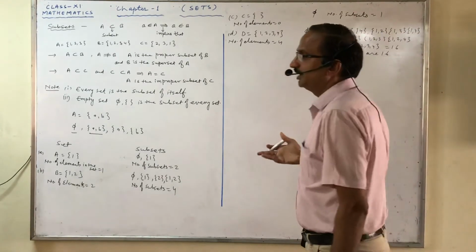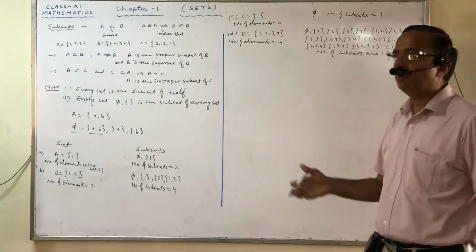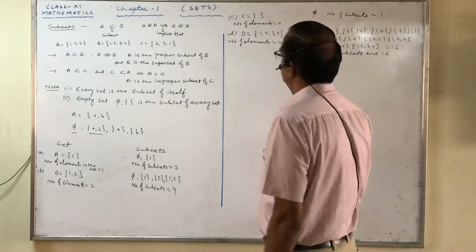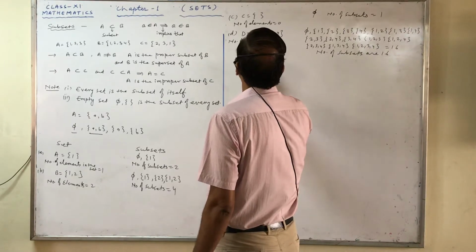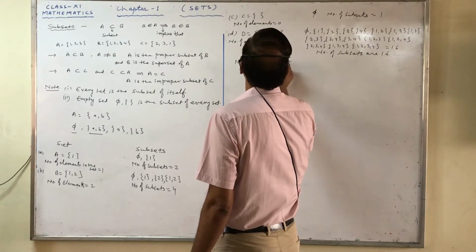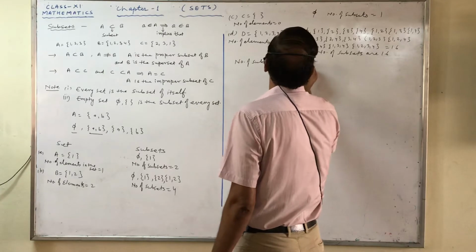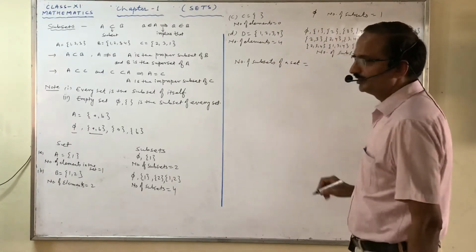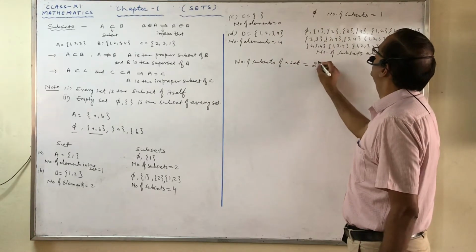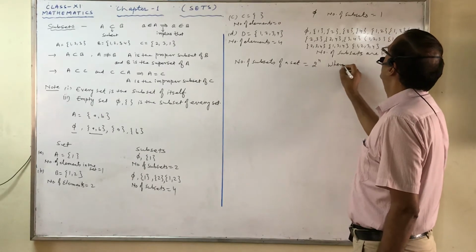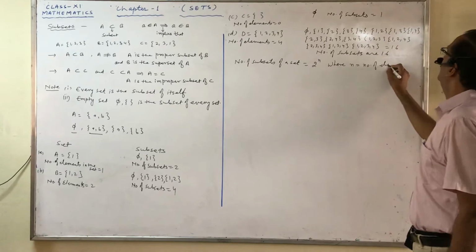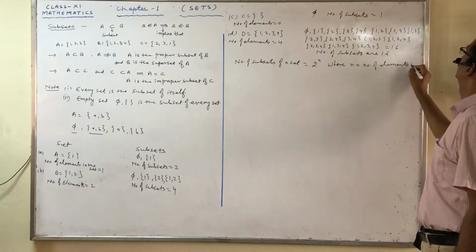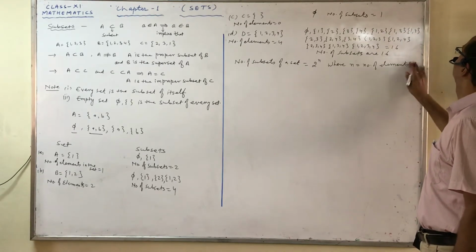It means they are increasing by the power of 2. So we can say that the number of subsets of a set can be confirmed by the formula 2 raised to power n, where n equals the number of elements in the set.